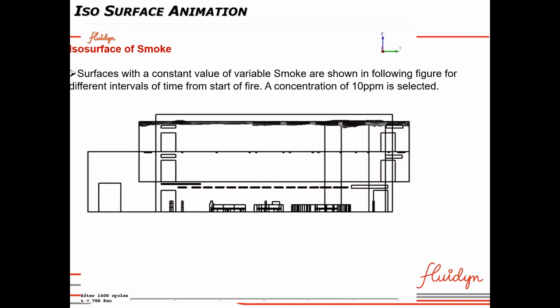Later, due to this fire extraction mechanism, around 1,000 seconds almost all of it got extracted. So it tells how much time it takes, and we can simulate and see it immediately.